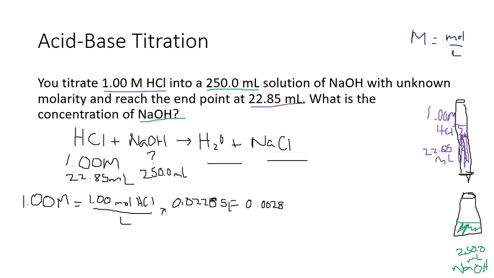Now, we know that the amount of HCl is stoichiometrically equivalent to the amount of NaOH at the endpoint. So we can convert this into moles of NaOH.